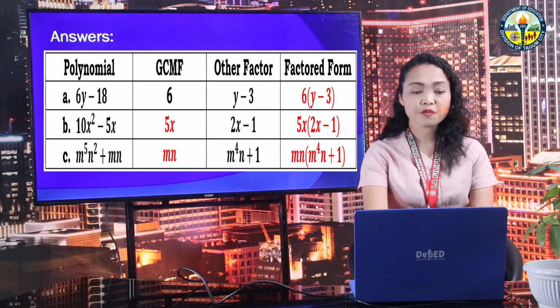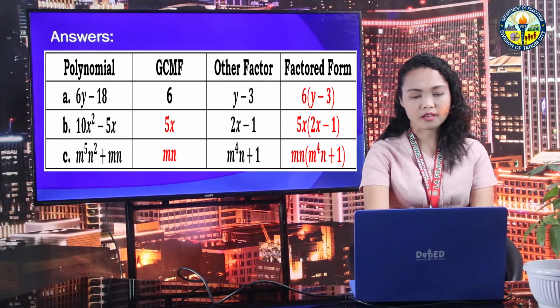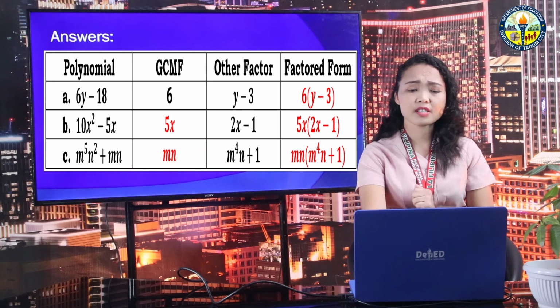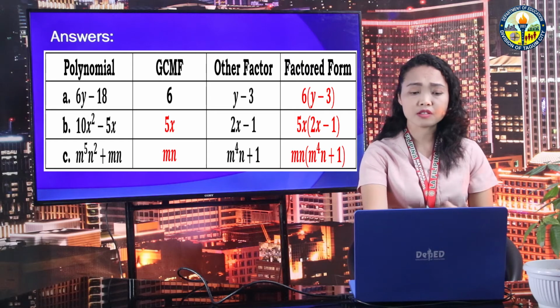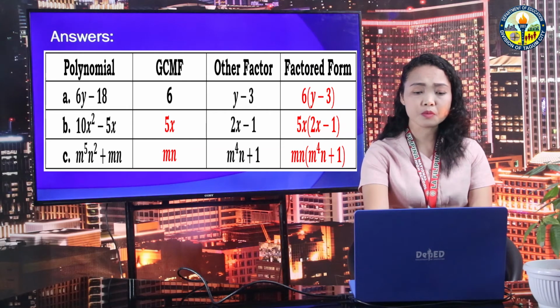Okay? So for letter C, we have m to the 5th power n squared plus mn. The given is the other factor, which is m to the 4th power n plus 1. We will find the GCMF, the common factors of the polynomial, which is mn.